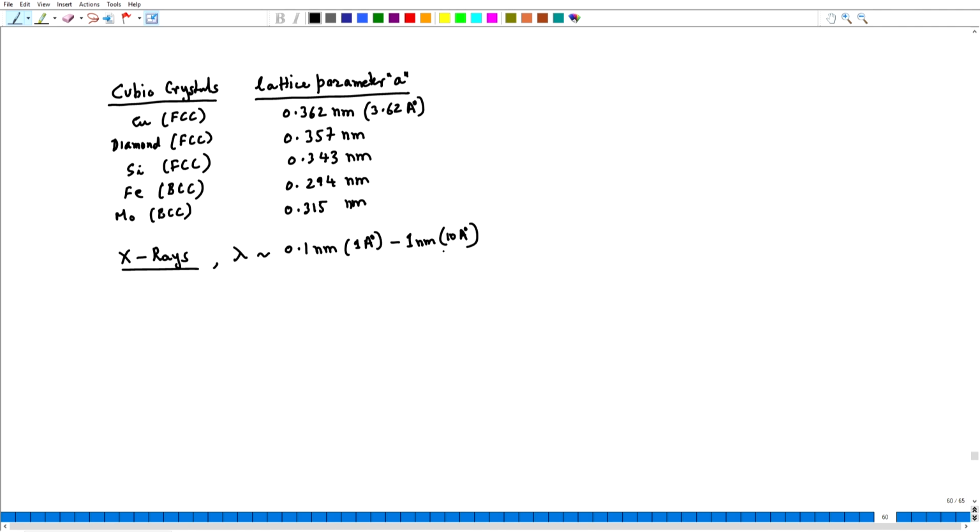So, you can very clearly see that X-rays is going to have the right wavelength to be able to get diffraction from a crystal. Now, just before we start talking about X-ray diffraction, let me say a little bit about production of X-rays.